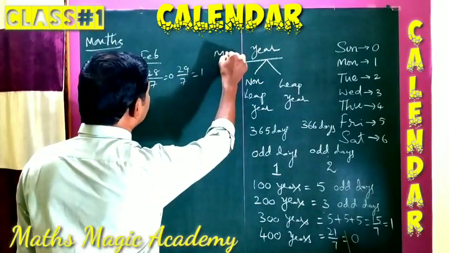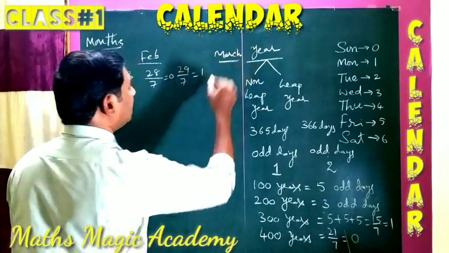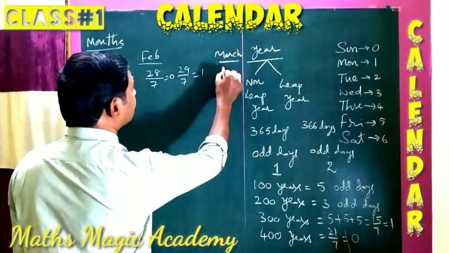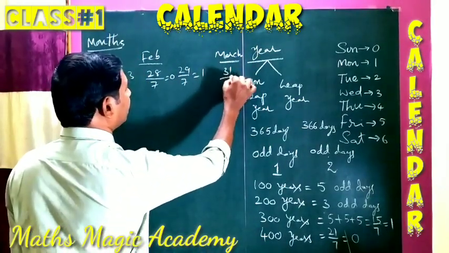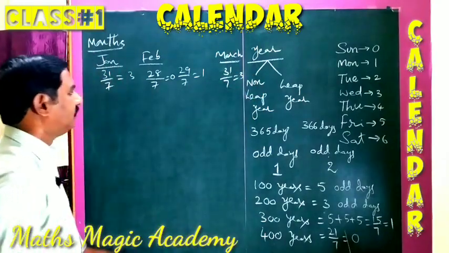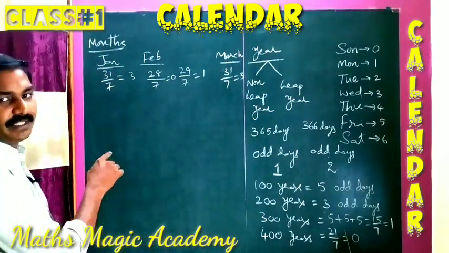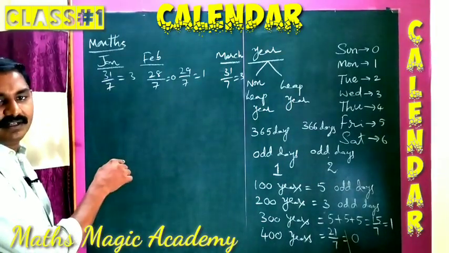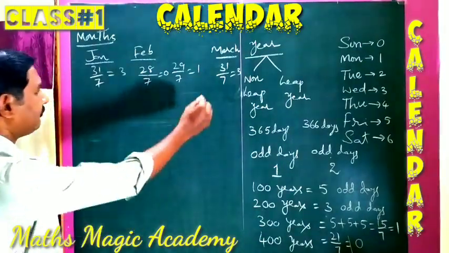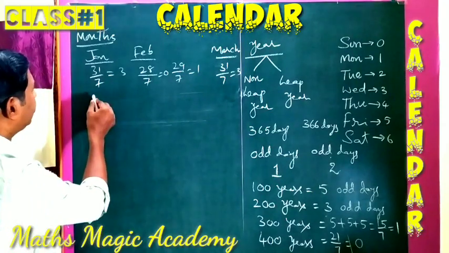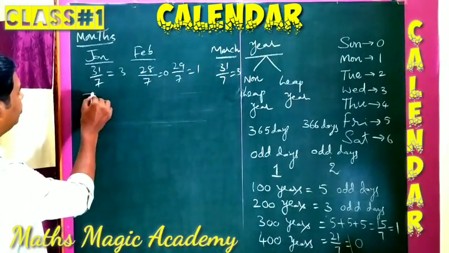Like that, in March, the number of days will be 31. 31 by 7, again you get 3 odd days. In the month of April, 30 days will be there. If you divide 30 by 7, 2 odd days will be there. Based on this, we can write the odd days in the months.